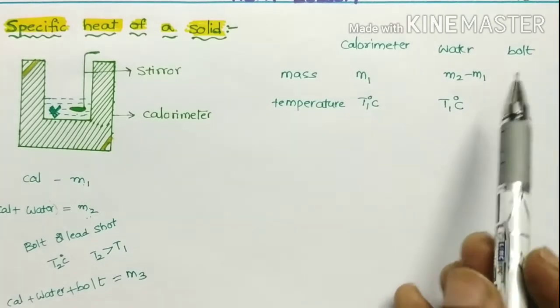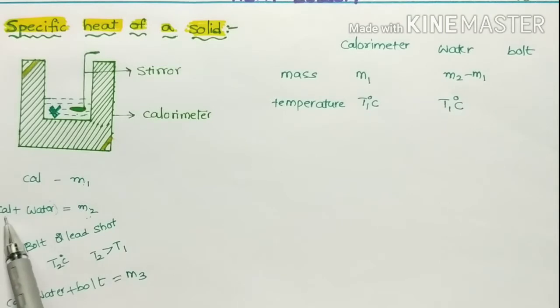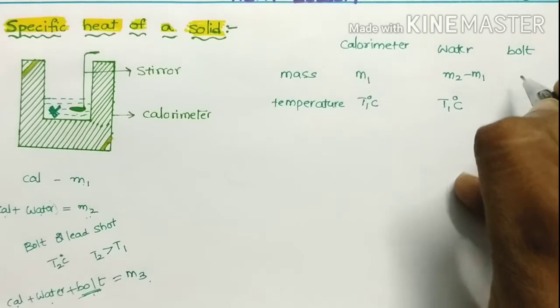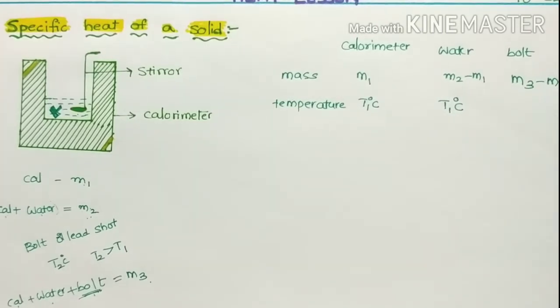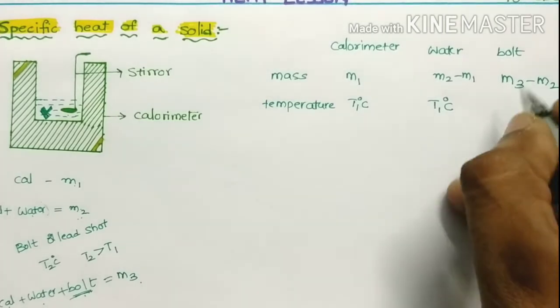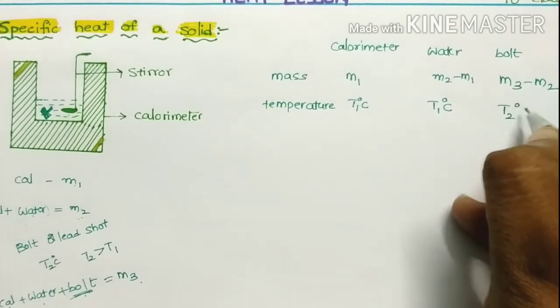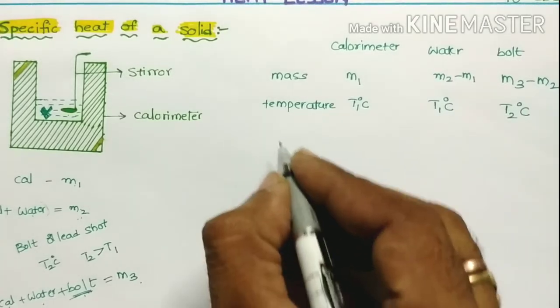Thus the mass of the bolt is m3 minus m2, and the temperature of the bolt is T2 degrees centigrade.